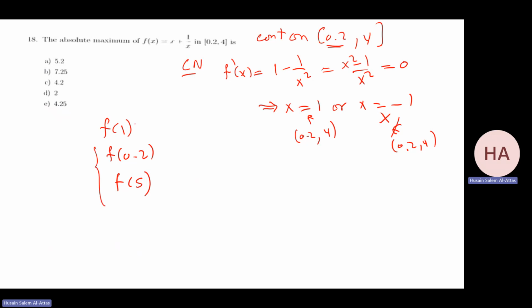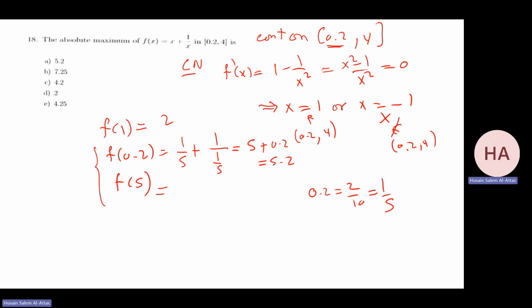F of 1 is 2. F of 0.2, which is 2 over 10, which is 1 over 5. So that will be 1 over 5 plus 1 over 1 over 5, so that will be 5 plus 0.2, which is 5.2.